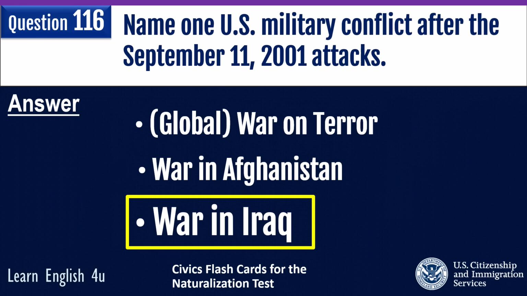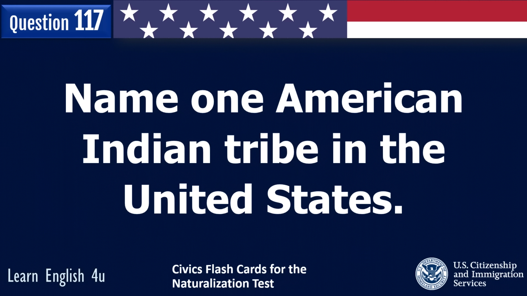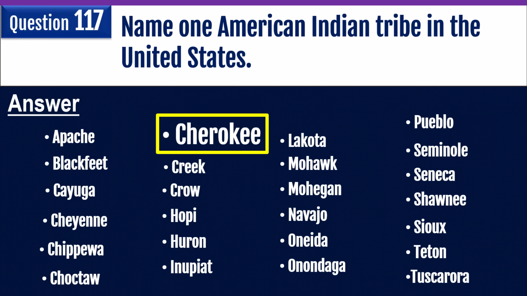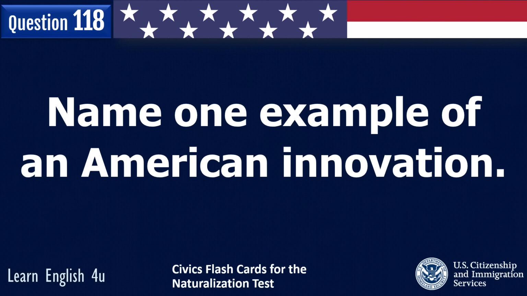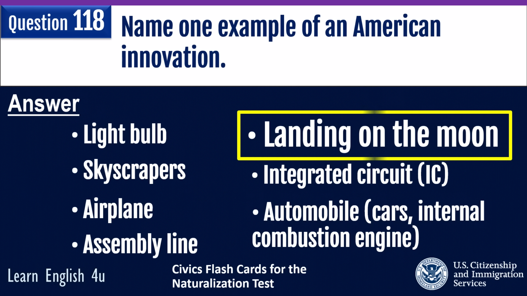War in Iraq. Name one American Indian tribe in the United States. Cherokee. Name one example of an American innovation. Landing on the moon.